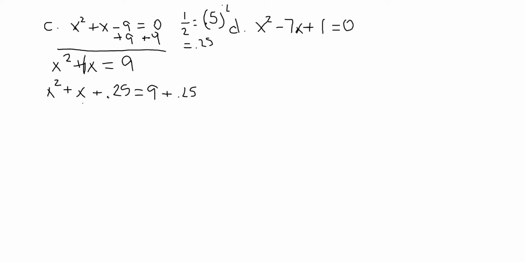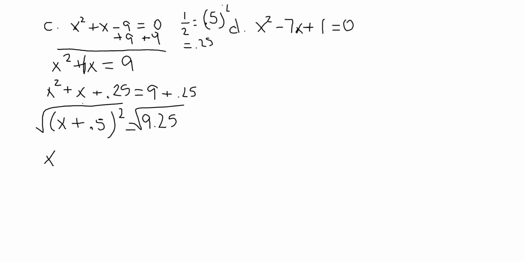And then I'm going to go ahead and factor the left side, which will factor to x plus 5/10 squared is equal to 9 and 25 hundredths. And then again, we want to solve for x, so we're going to do our square root principle, take the square root of both sides. And that will leave me with x plus 5/10 is equal to the positive and negative square root of 9 and 25 hundredths.